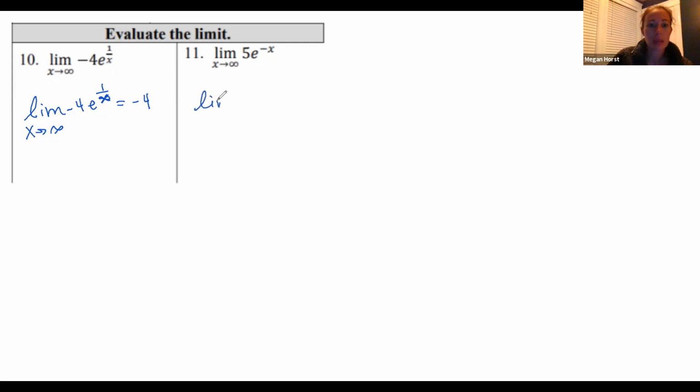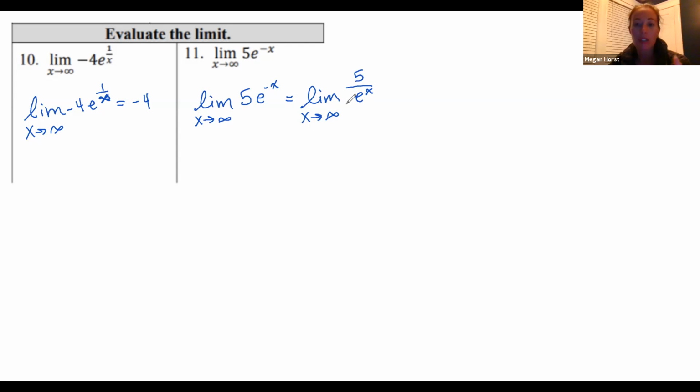In the next example, I'm doing the limit as x goes to infinity of 5e to the negative x. I'm going to go ahead and rewrite this. So I have the limit as x goes to infinity of 5 over e to the x. So notice this e to the x is getting very, very large. We saw that already.